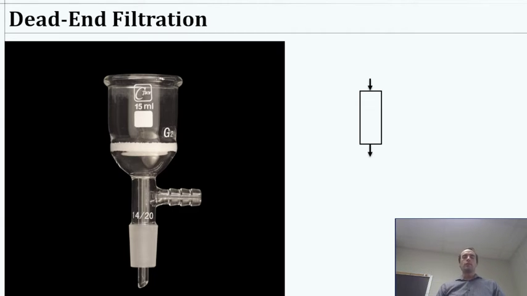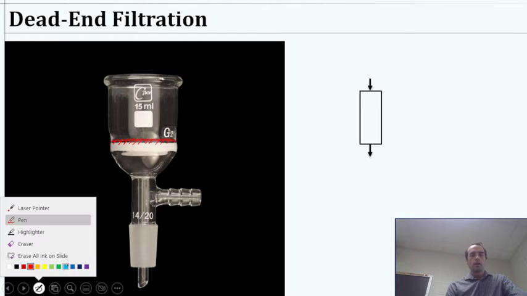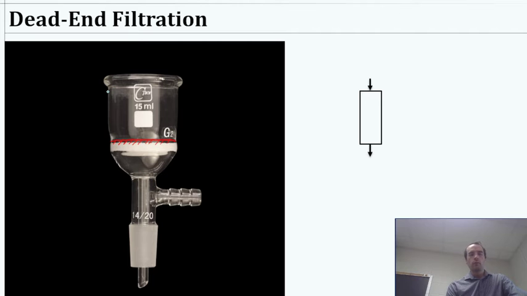Another common laboratory setup would be one of these beaker supported filters where you have a glass frit that is a support for a membrane. So you put a membrane here on top, and that's just going to be your source there. And then we'll fill this with water, or whatever liquid you're filtering.